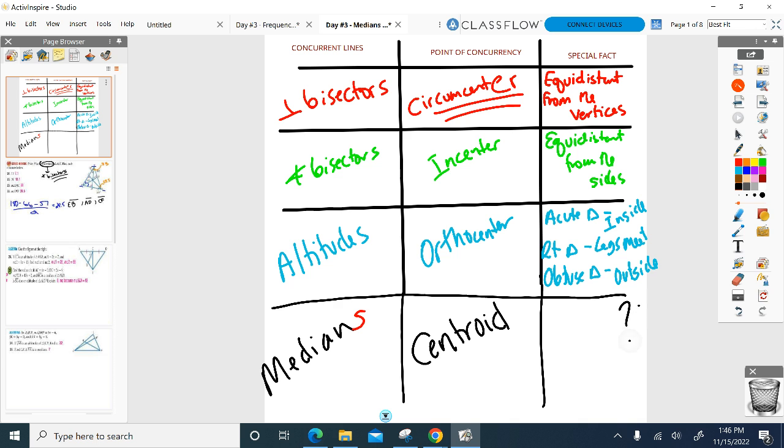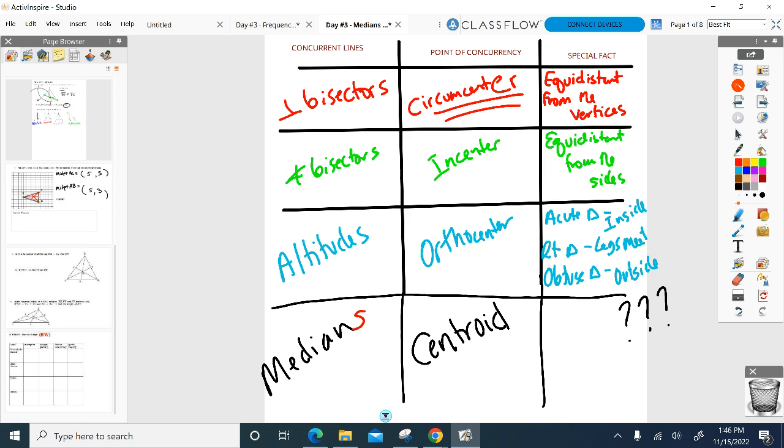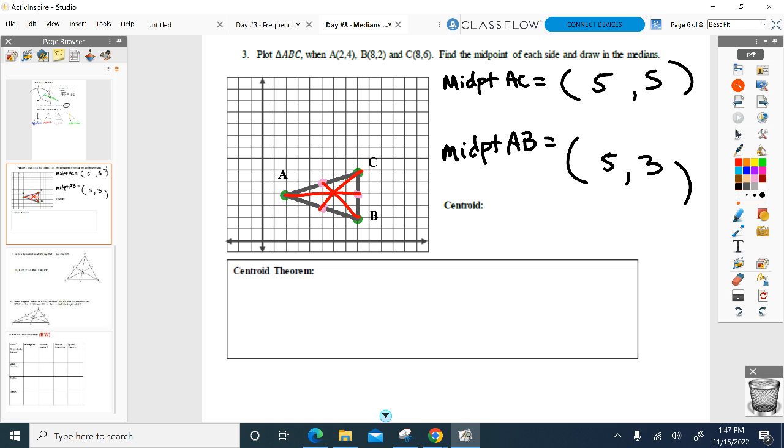So what's the special fact? Well, I'll give you a fact that you can impress people with later today, but I don't care if you remember it or not about the centroid. If I give everybody a pair of scissors right now, and I asked you to cut out that triangle that you graphed, and if you got a very, very sharp pencil point, and you put your pencil point right where the centroid was, let go, it would balance.